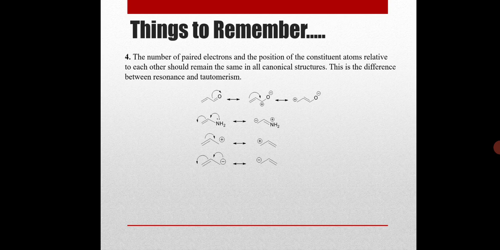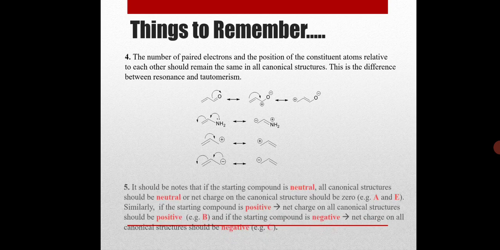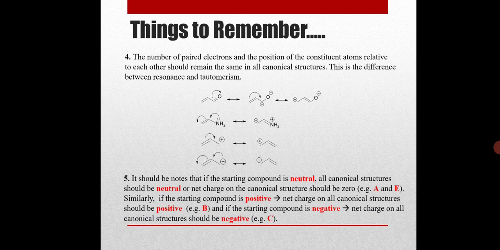So this is very important: the number of paired electrons and the position of the constituent atoms relative to each other should remain the same in all canonical structures. This is the difference between resonance and tautomerism. It should be noted that if the starting compound is a neutral species, all canonical structures should be neutral, or the net charge on the canonical structure should be 0.